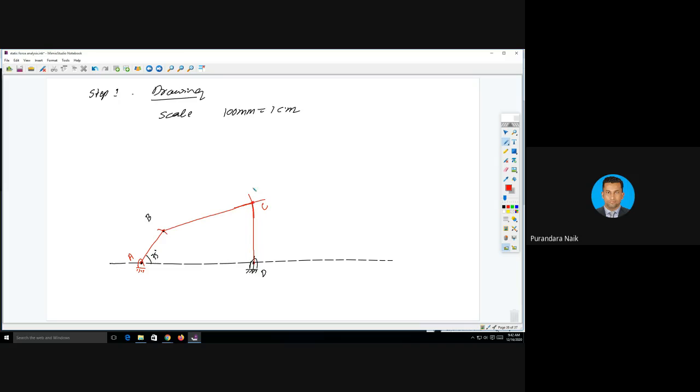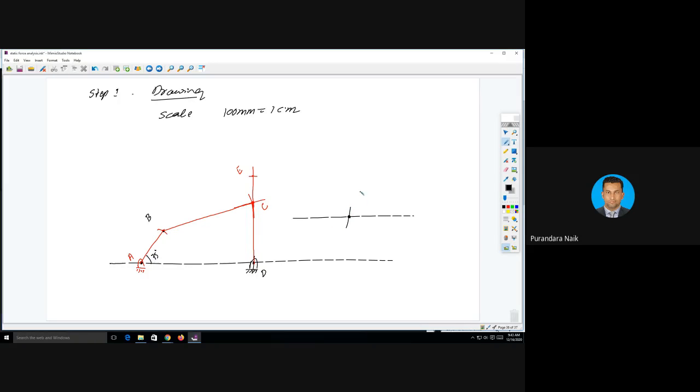Next, extend DC because it is a single link, same link, 1 centimeter, somewhere here, E. Next, 200 millimeter. 200 means 2 centimeter. You know the length of EF. EF is 450. Cut the length somewhere here.